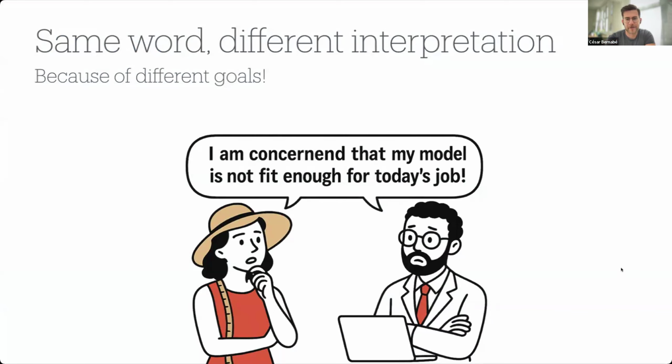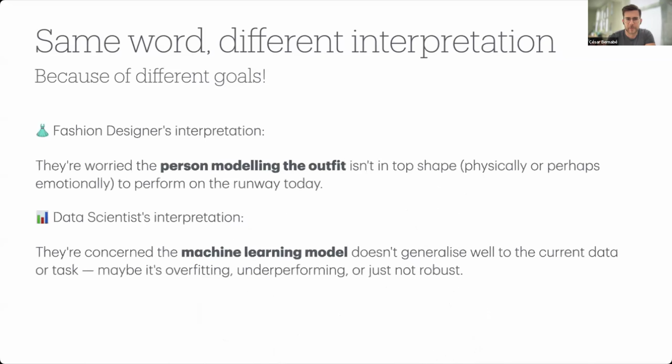Here you can really see that their interpretations of words such as model, fit, and job are very different based on the context and their own objectives. The fashion designer sees the word model as a person modeling the outfit, and she's worried that this person is not in shape physically or emotionally to perform on the runway today. The data scientist is more concerned that the machine learning model doesn't generalize well to the data, that it might be overfitting and underperforming.